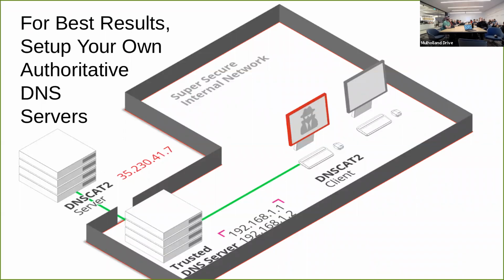The reason why this is so effective is that the people watching the SOC, people watching the logs, can only see there's traffic between your client and their trusted internal DNS server. The DNS server then relays out to your server, so your Streisand server, for example. So typically, they're not going to look at this connection, and you can get around firewalls that way.